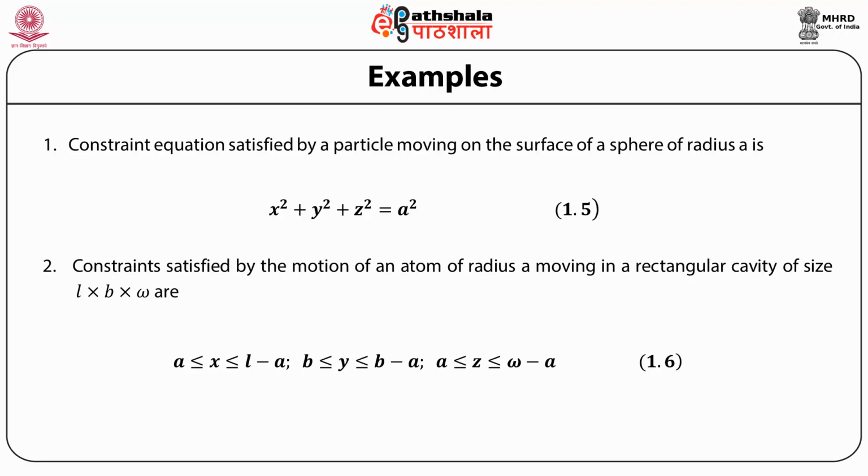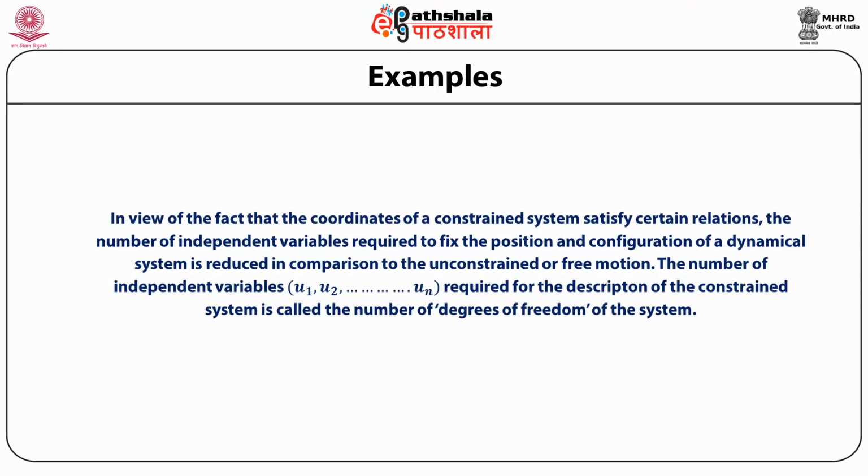In view of the fact that the coordinates of a constrained system satisfy certain relations, the number of independent variables required to fix the position and configuration of a dynamical system is reduced because of the constraints. The constraints satisfy certain algebraic equations or certain differential equations which are integrable.